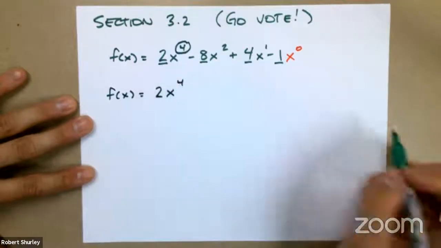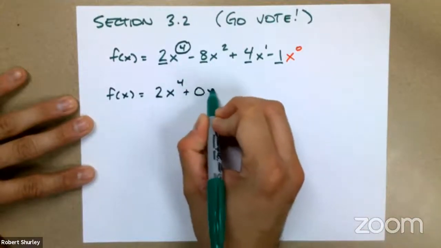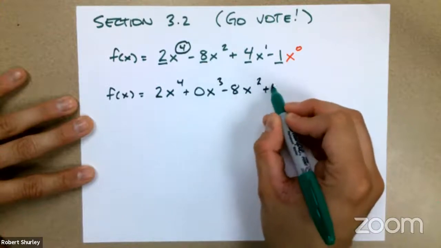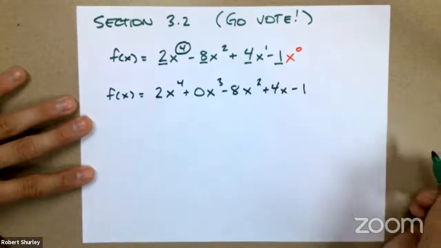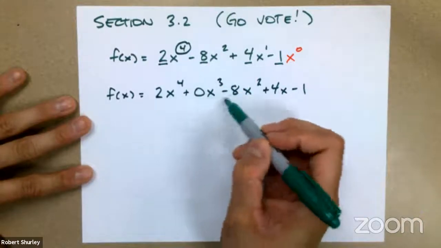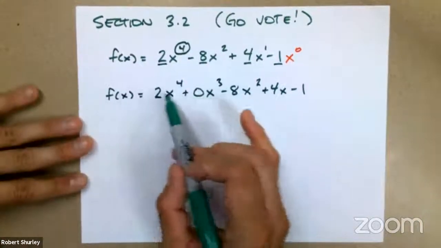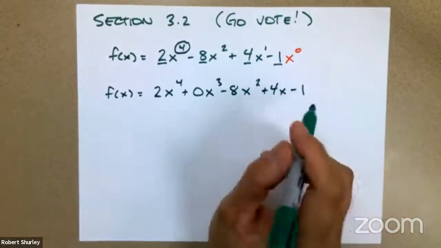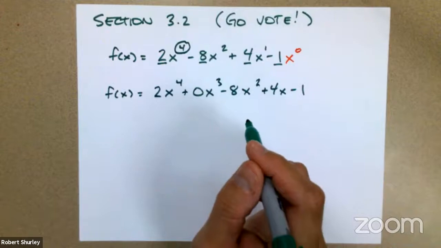So we would say 2x to the 4th plus 0x cubed minus 8x squared plus 4x minus 1. Because we don't have an x cubed variable, we would have a missing term of x cubed. Now, we don't need that for this section. I'm not worried about that, but it's going to pop up in 3.3. So I wanted to go over it because of that.